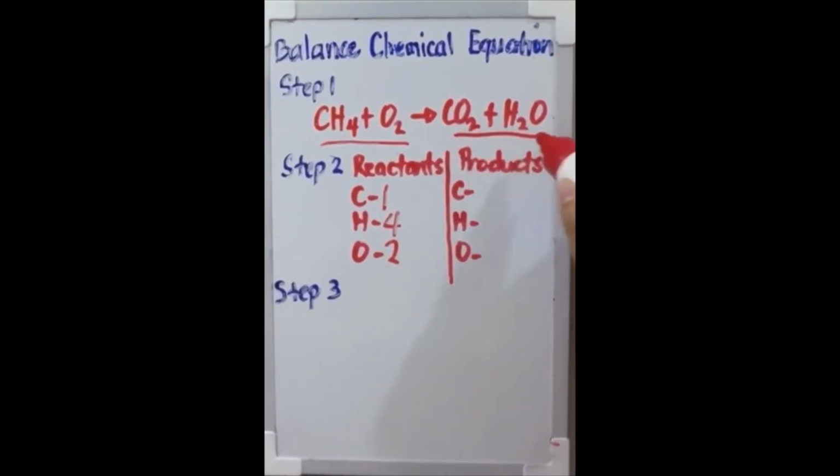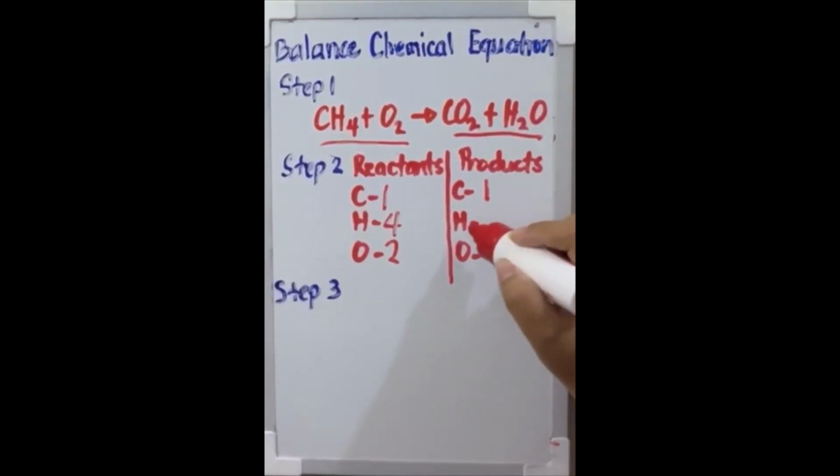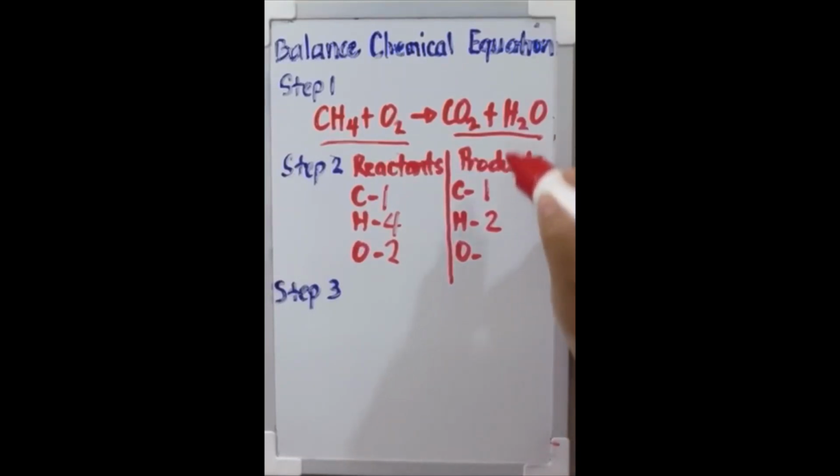Now let's look at the product side. We have carbon, again it's 1. For hydrogen, we have 2. For oxygen, we have 2 oxygen atoms in CO2 and 1 in H2O. This is all part of the product side, so we combine the number of atoms: 2 plus 1 is 3.